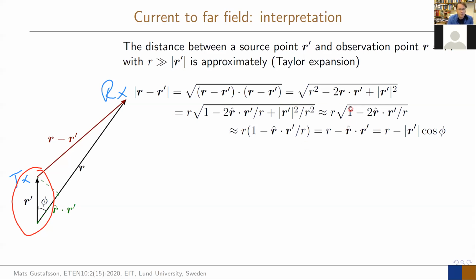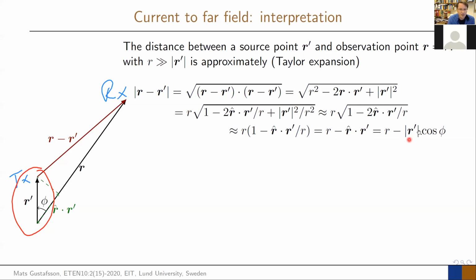I still have the dominant term here. This is a small term, but it still contributes. And I get a term which is in some ways linear in r prime. This will give me the way the phase and time delay shift when I move between different points. So I multiply in this r again, and I have one term which is just r, the distance, and this is a correction term to this r.